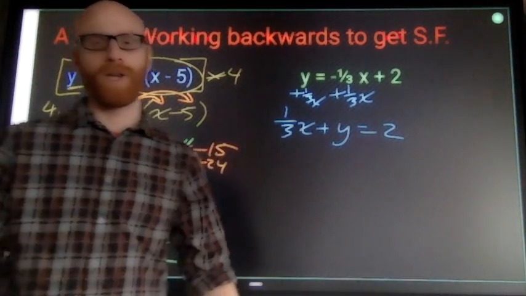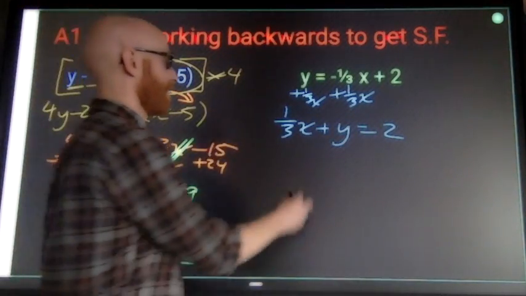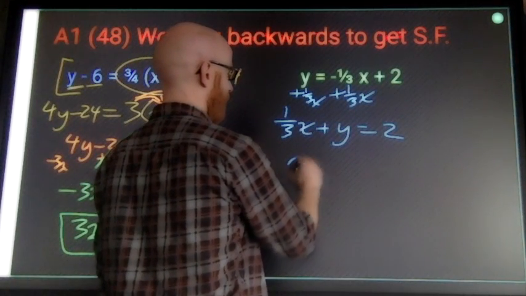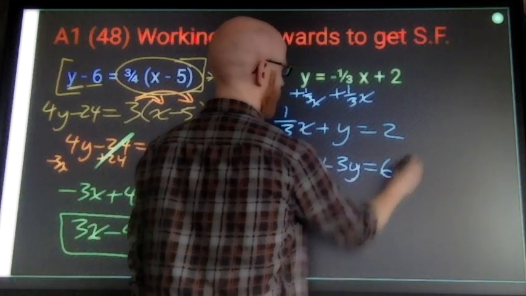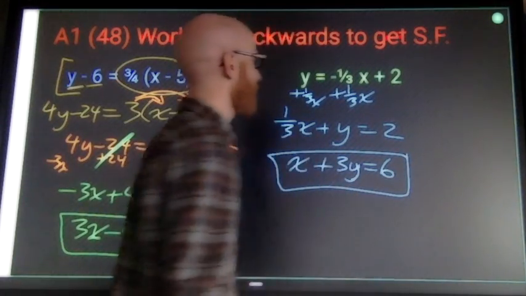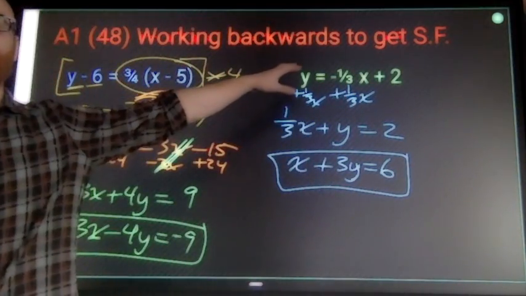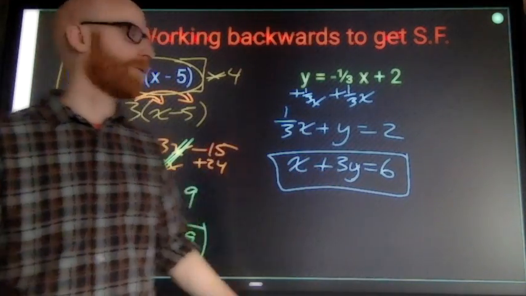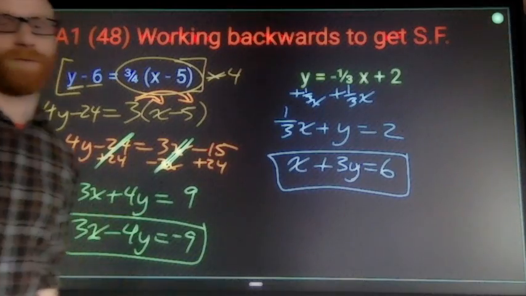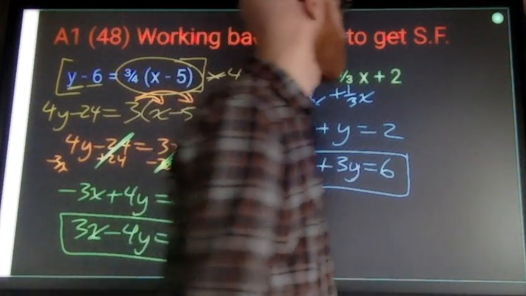Multiply through by 3 so that we can get rid of the fraction. We'll have x plus 3y equals 6. All right, so slope-intercept form, it's a little easier to transition from there to standard form than it is from point-slope form.